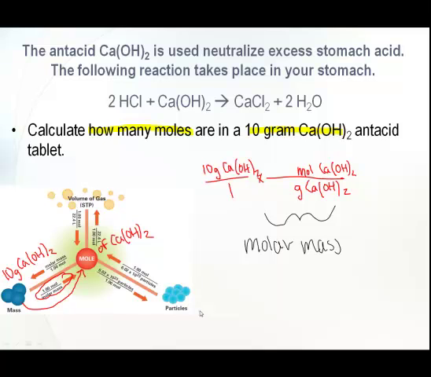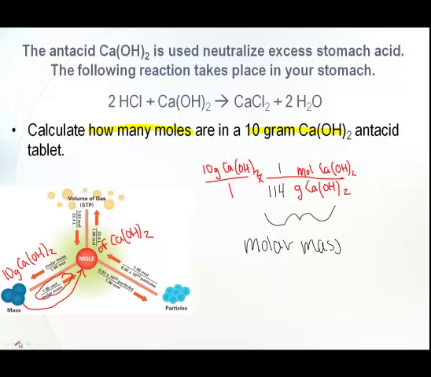Earlier on in our slides, we calculated the molar mass of calcium hydroxide, and we found that 1 mole of calcium hydroxide, 6.02 times 10 to the 23rd molecules of calcium hydroxide, weighed 114 grams.